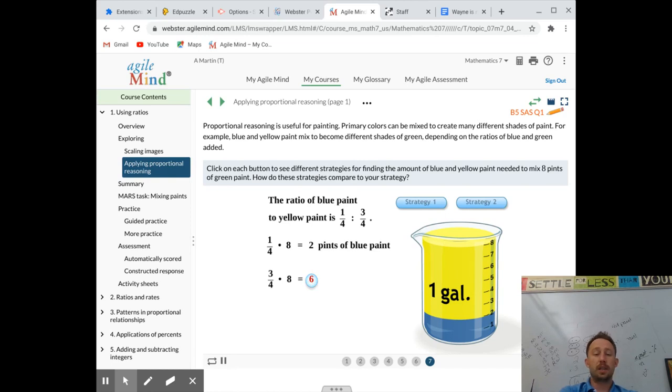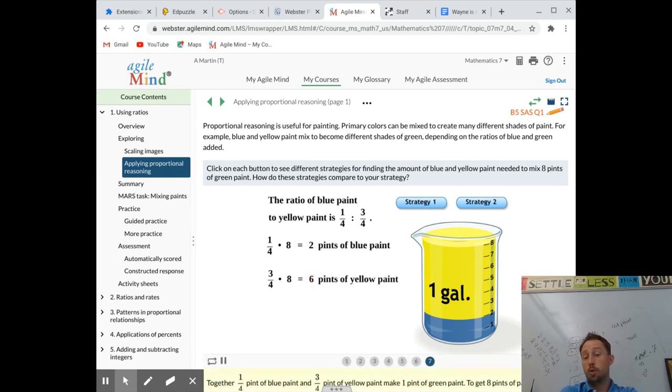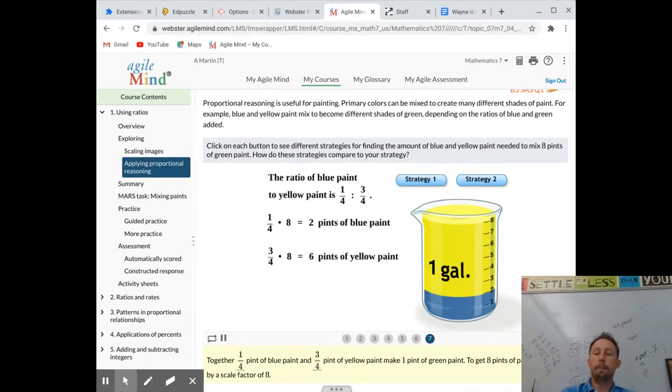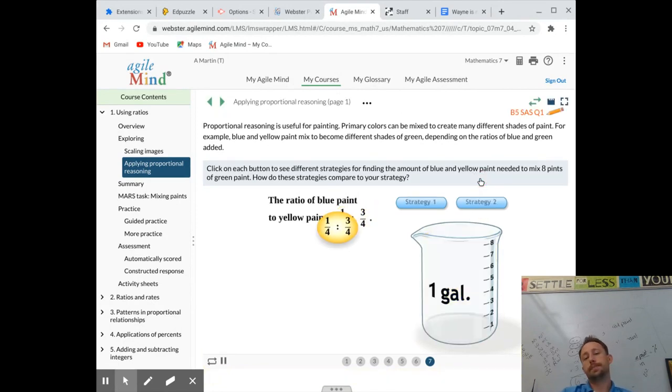So basically 1/4 times 8 equals 2 pints of blue, and 3/4 times 8 equals 6 pints of yellow. So together, 1/4 pint of blue paint and 3/4 pint of yellow paint make 1 pint of green paint. So to get 8 pints of paint, all we do is multiply by a scale factor of 8. So that's strategy 1. Let's look at strategy 2.